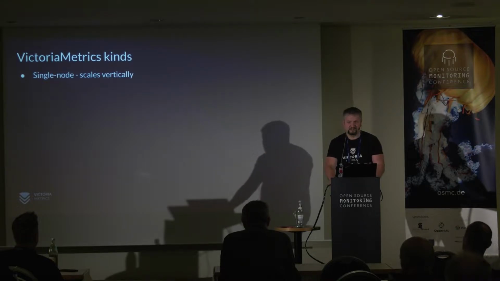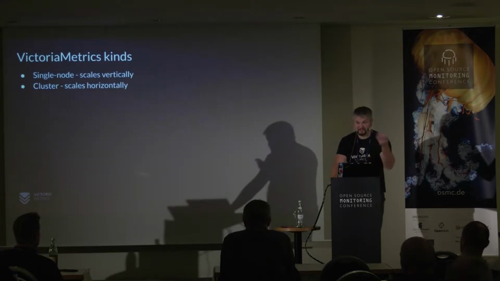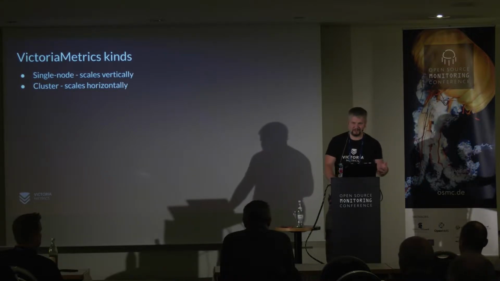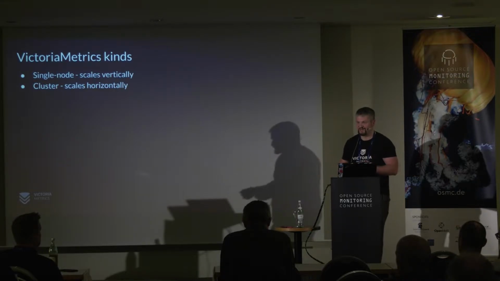VictoriaMetrics has two kinds, a single node version and a cluster version. The single node version scales vertically. This means you can migrate a single node version to a computer with more CPU, more memory, more disks, and VictoriaMetrics will efficiently scale on this hardware.